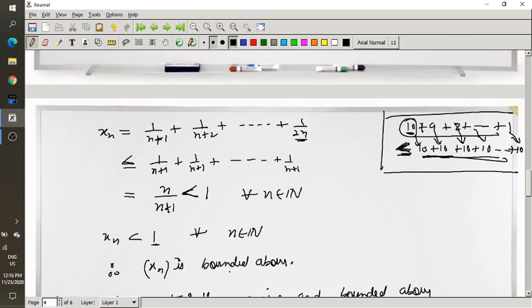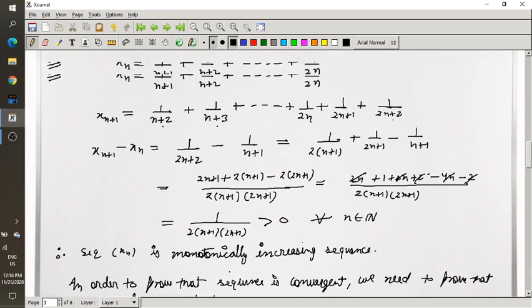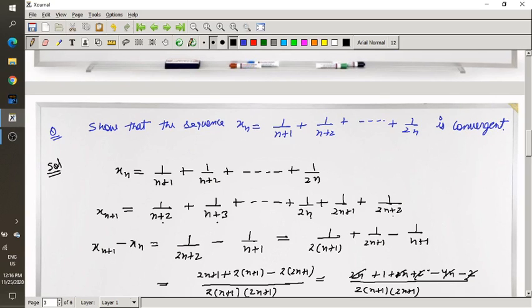Now here we have not proved what the limit of this sequence is. We have not found the limit of the sequence, the number to which it is converging. If we have to prove that this sequence is converging to some limit L, then we cannot use this way, because here we have just proved that it is a convergent sequence.